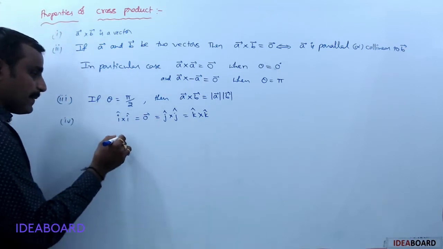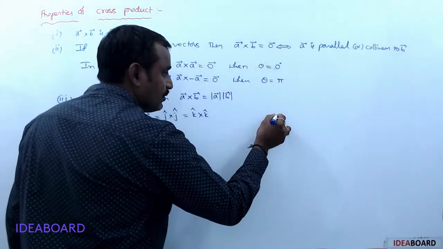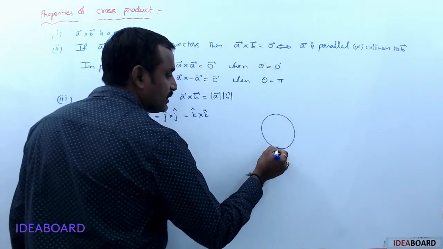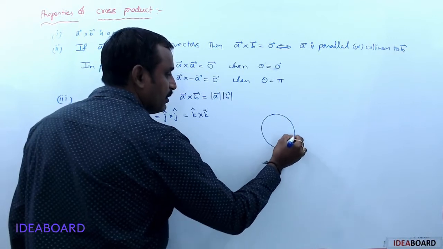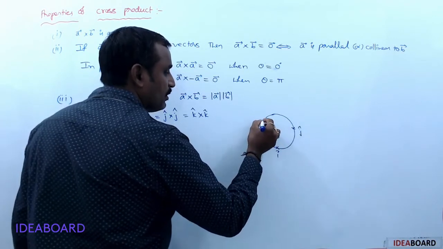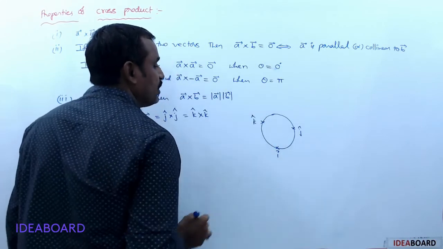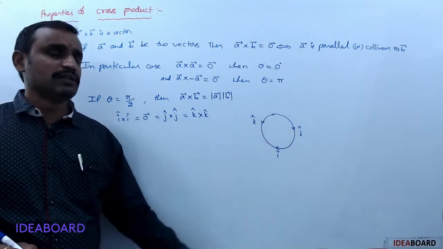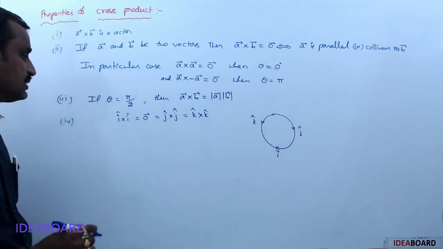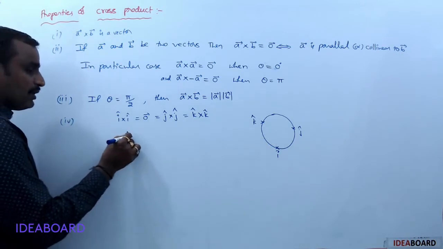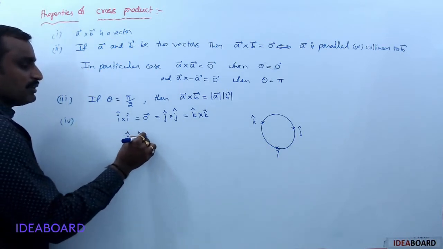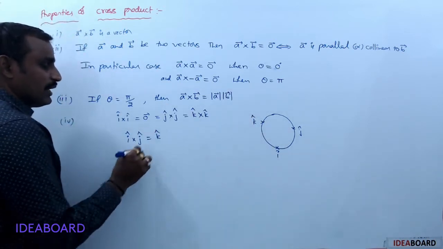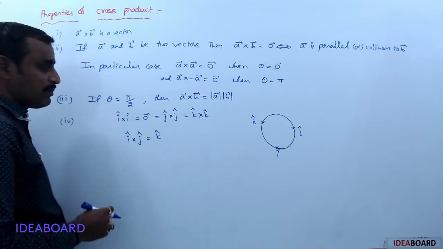Next, we take a circle, and in the anti-clockwise direction you can see I cap, J cap and K cap. On the circle we are taking 3 points, that means 3 vectors. I cap cross J cap, in the anti-clockwise direction, is equal to K cap because they are perpendicular vectors.